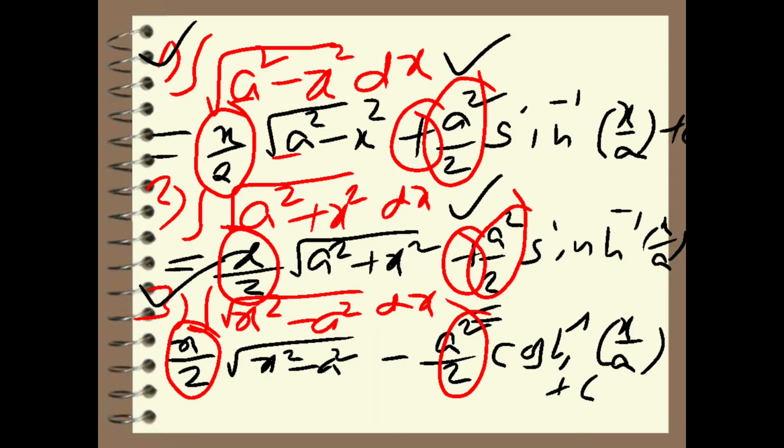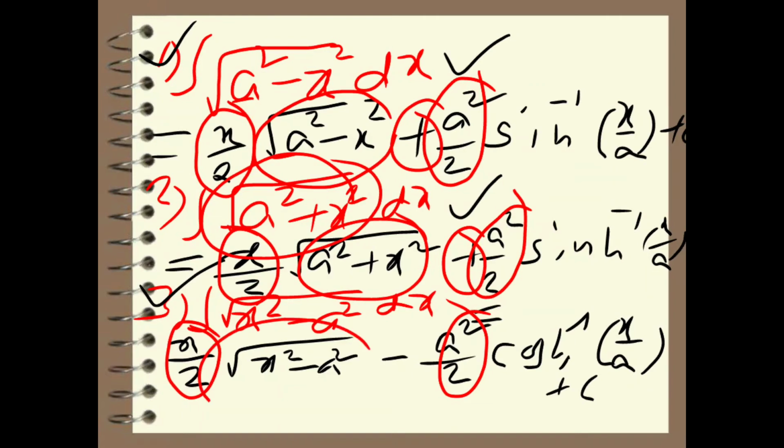Now if we are writing the formula for root a square minus x square, then x by 2 in the first part, x by 2 into the same value is the multiple. If root a square plus x square is there, the same value is the multiple. If root x square minus a square is there, the same value is the multiple. So no need to worry for the first part. X by 2, the given integrand is the multiple, root a square minus x square.